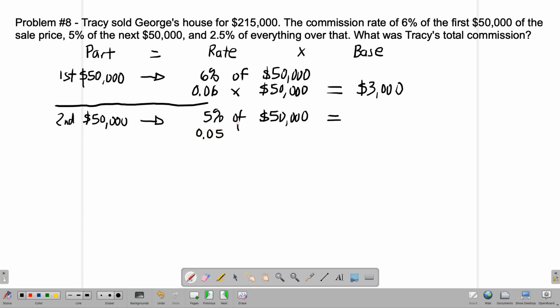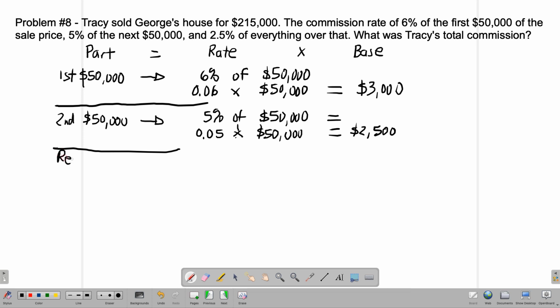The of represents multiplication. And of course, bring down the 50,000. And so that's going to be 50,000 times 0.05. And so we have a value of 2,500.